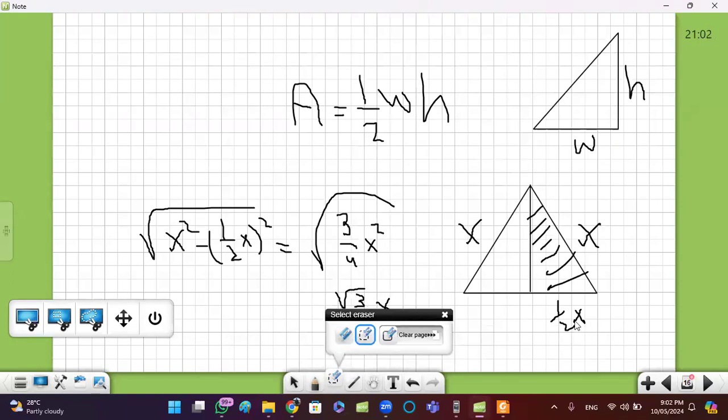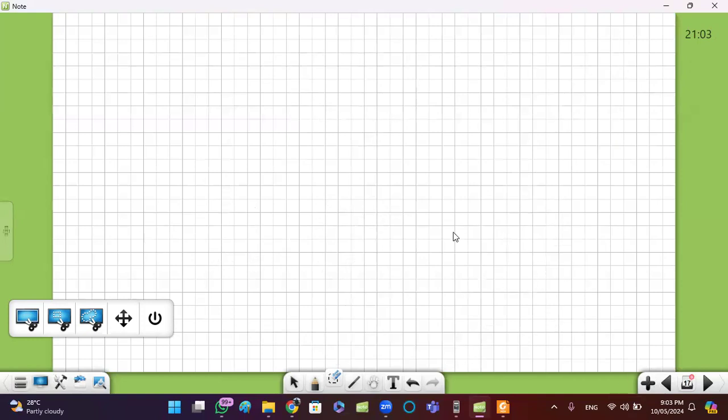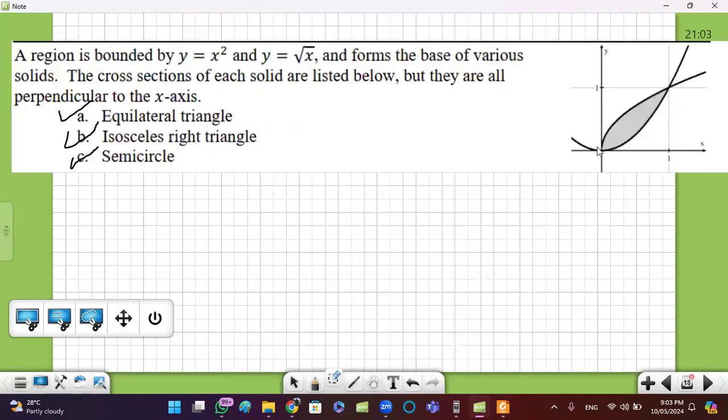The number 3: 1 minus 1 over 4, which is 3 over 4. Okay. Got it? Yes. Okay. Now we're going to find the equilateral triangle.